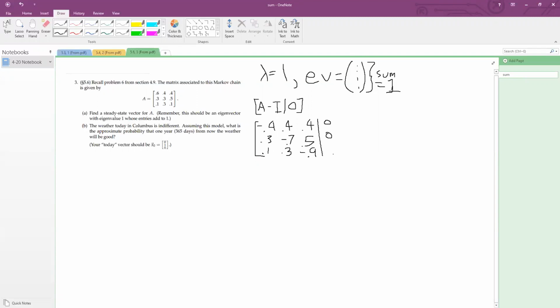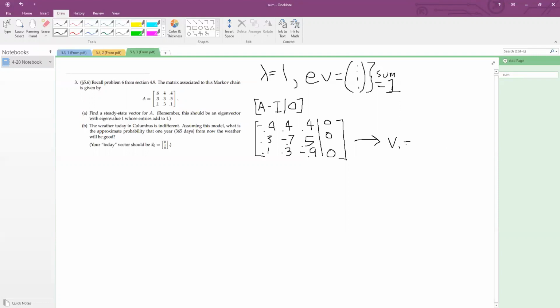All augmented with zeros. All right. So I'm going to let you figure out what this would be. But know that when you solve this out, you should end up getting at least one free variable. And that will allow you to determine some v.